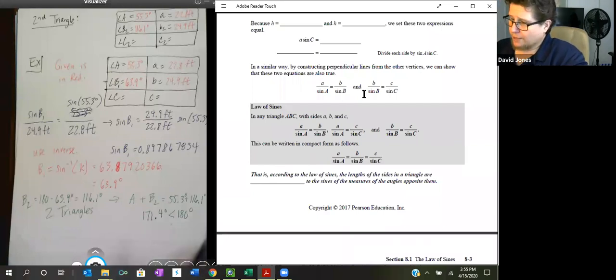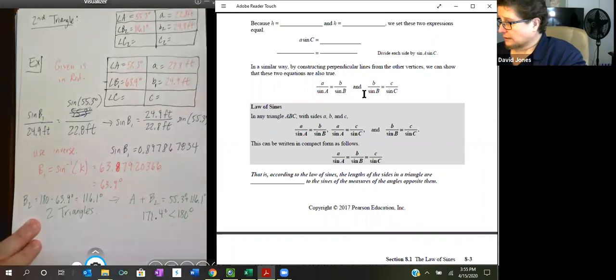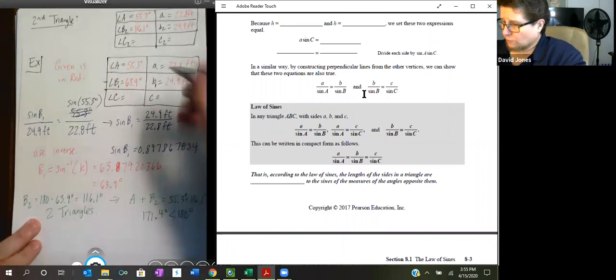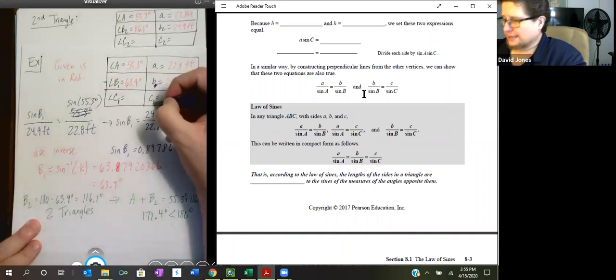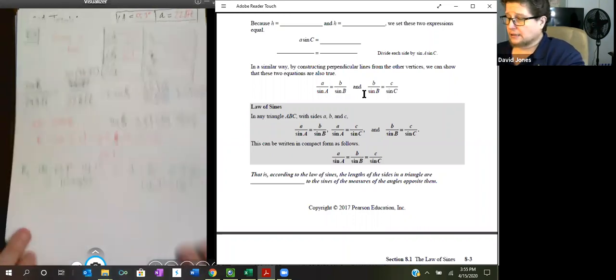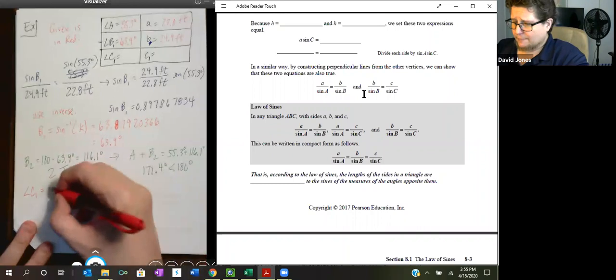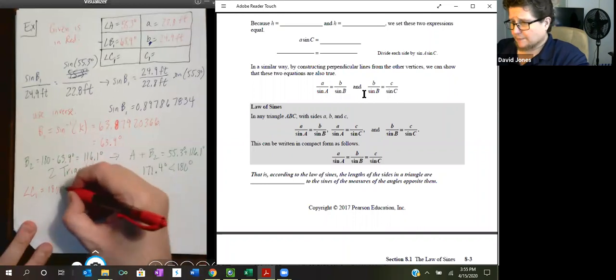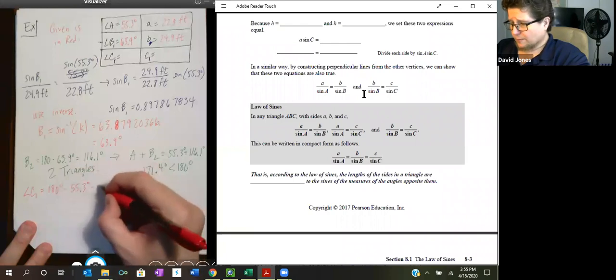So we've got a B1. Well, side B doesn't change. Angle C1 and side C1 change though. So C1, well, it's 180 minus 55.3 degrees minus 63.9 degrees.